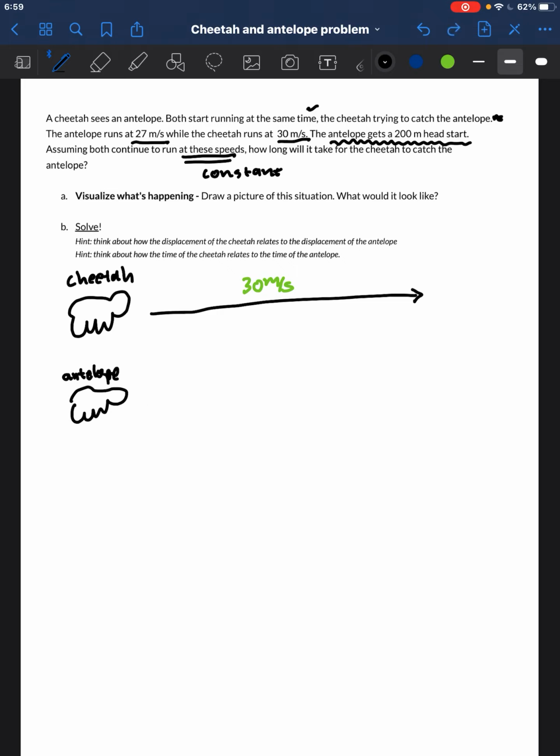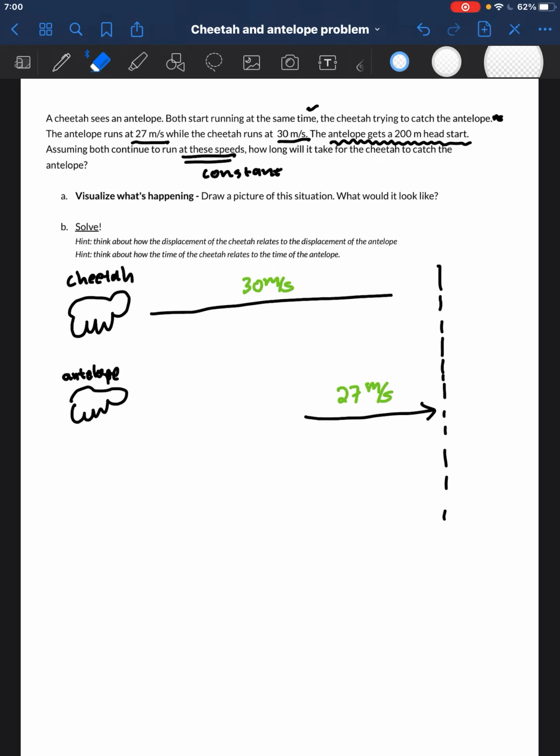Also running in the same direction, I should say. This time, running at 27 meters per second. At a certain point, they catch each other, and so their displacements reach exactly the same point, so let me fill that in.